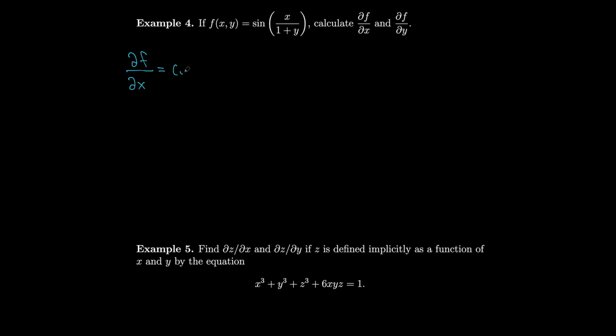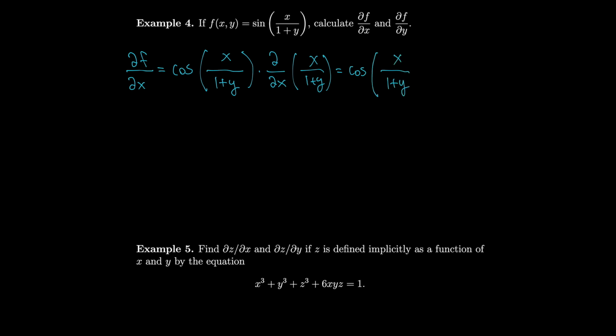So using the chain rule, that's cosine of x over 1 plus y times the partial of what was inside, which is x over 1 plus y. So that's just the cosine of x over 1 plus y times 1 over 1 plus y. The derivative of x is 1, and 1 over 1 plus y is a constant.